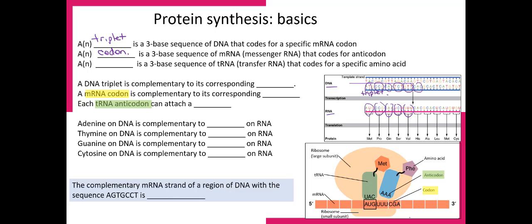And then what happens here is you've got the messenger RNA here. So you've got codon 1, codon 2, codon 3. And what you can see here is this codon 1, AUG, is complementary to the anticodon of the specific transfer RNA, or tRNA, that will bind to it.